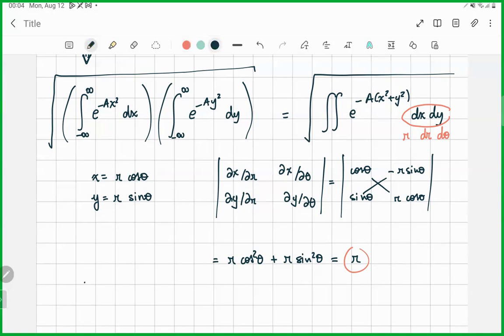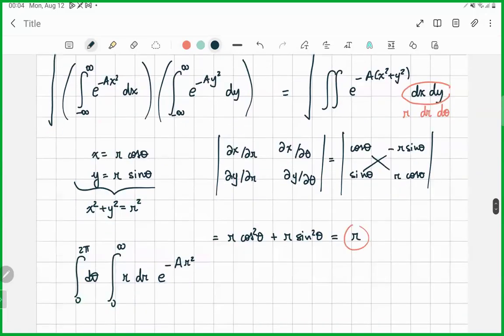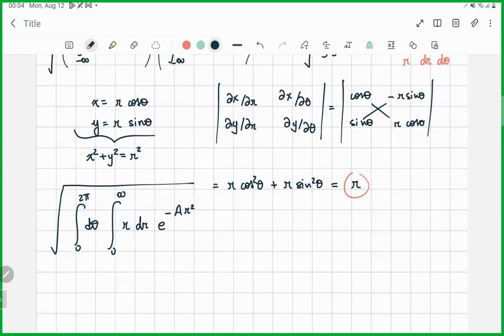We have two integrals, one in theta from 0 to 2 pi, and an integral in r that goes from 0 to infinity. So we have r dr, and the exponential of minus a times x squared plus y squared, which is just r squared, since cosine squared plus sine squared is 1. And don't forget, we have this whole square root.